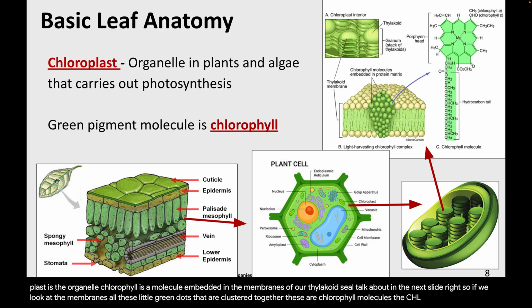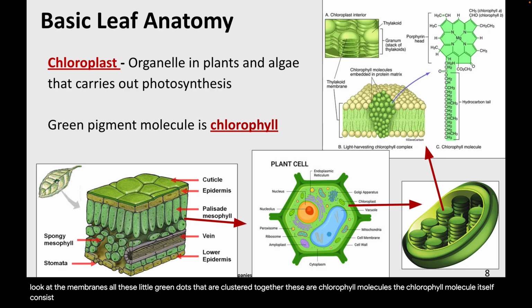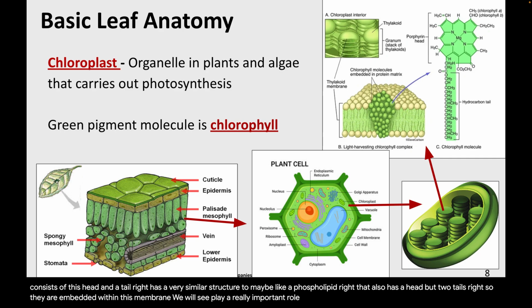The chlorophyll molecule itself consists of a head and a tail, a very similar structure to maybe a phospholipid, which also has a head but two tails. So they are embedded within this membrane. It's chlorophyll that we will see play a really important role in collecting the sunlight.